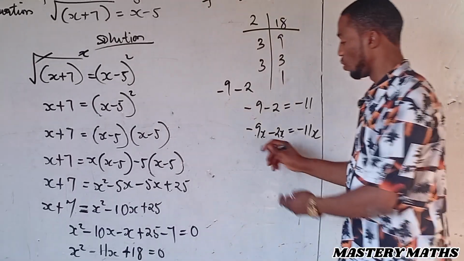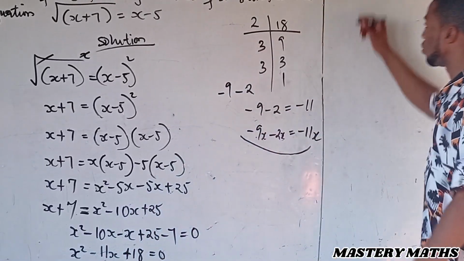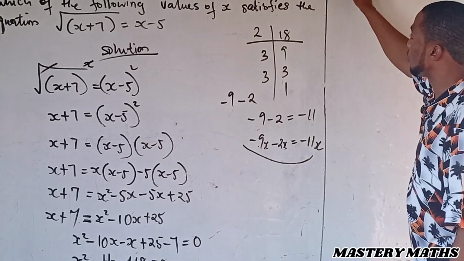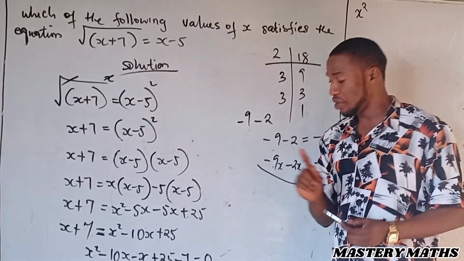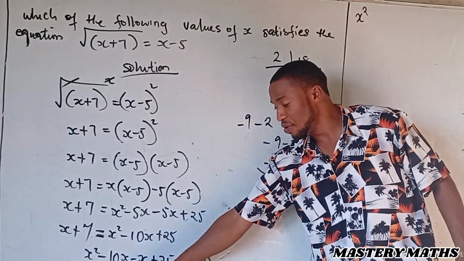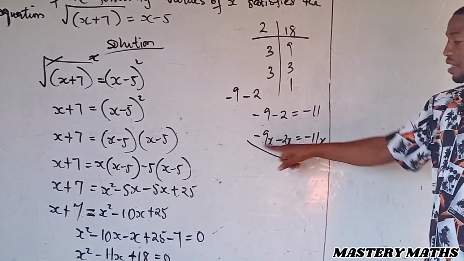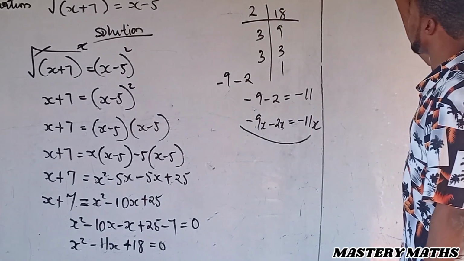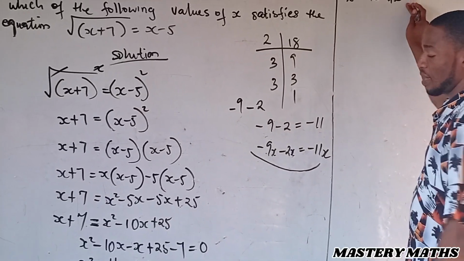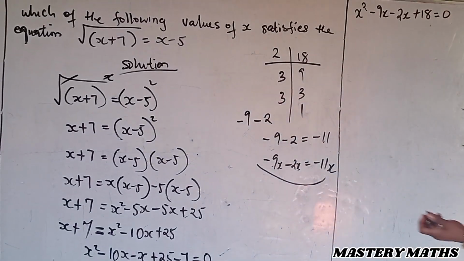Since we've gotten the factors, now we'll move this to the x squared. Remember, instead of writing minus 11x, we'll put the factors that give us the minus 11. So it will now be minus 9x minus 2x. Then the next thing, plus 18 equal to 0.